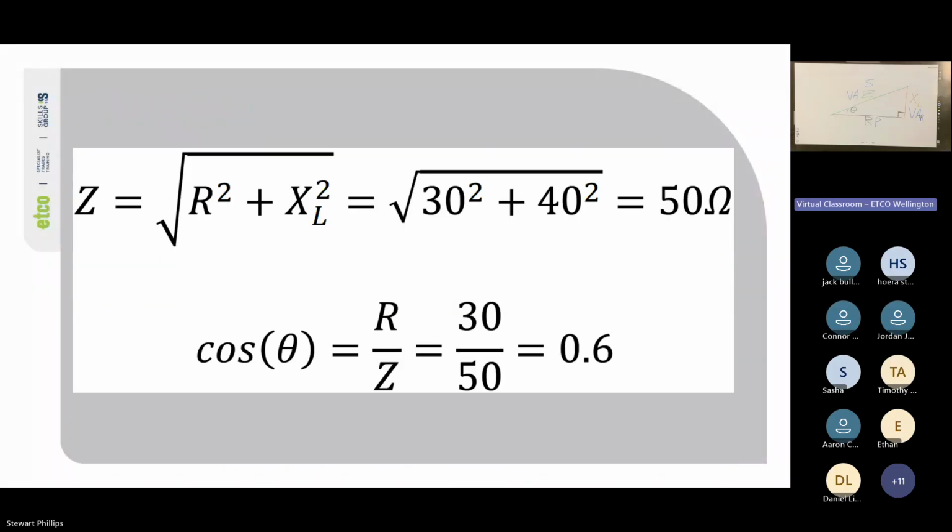Cool. So our relationship is 0.6, and we figured out the angle was 53 degrees, or 53.13. From the ratio R over Z of 0.6, we can see it's a fairly inductive circuit. Current lags the voltage quite a bit. The smaller the ratio gets, the greater the lag between the voltage and current.